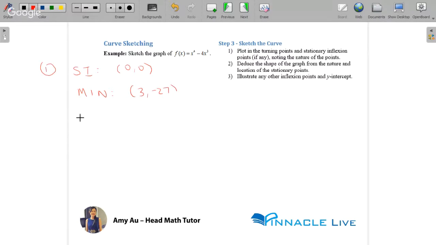And remember, the table gave us gradients that kind of look like this. Keep that in mind.